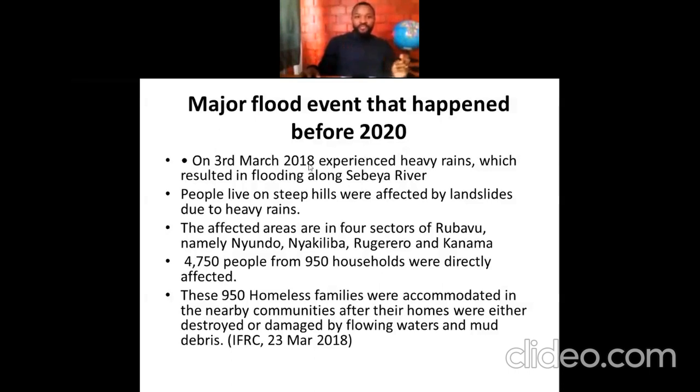So on 3rd March 2018, heavy precipitation happened and the River Sebeya flooded.